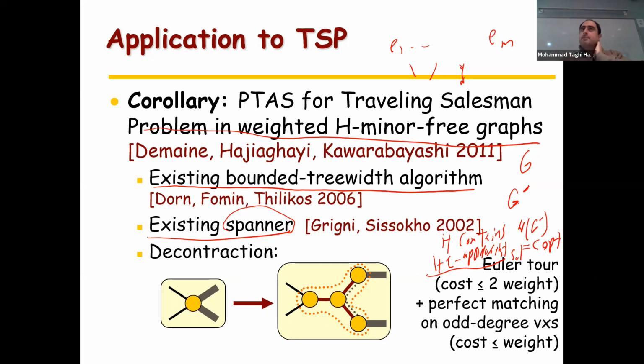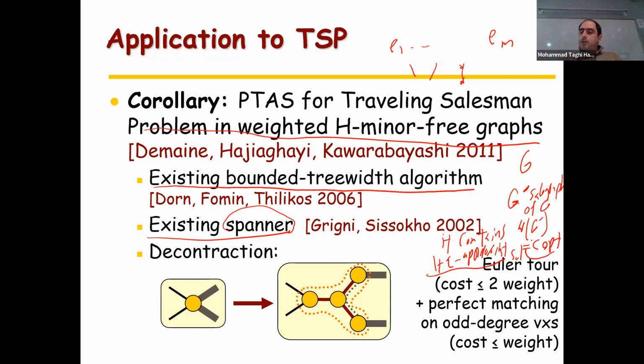Good. After the spanner, we know two things. First, we can find the spanner. And the spanner is also an H-free graph. The spanner would be a spanning H-free graph, because, as I mentioned, this G prime is a subgraph of G. So what are the most important facts about a spanner?